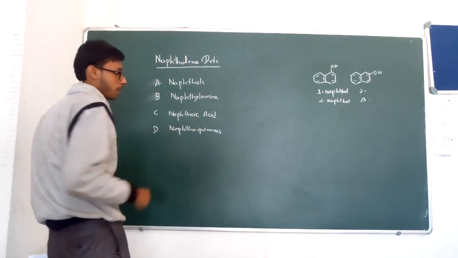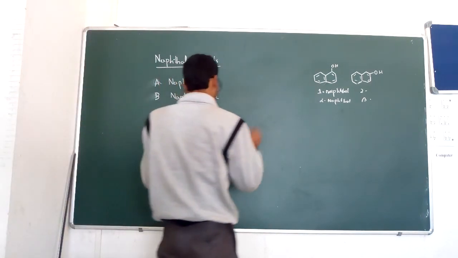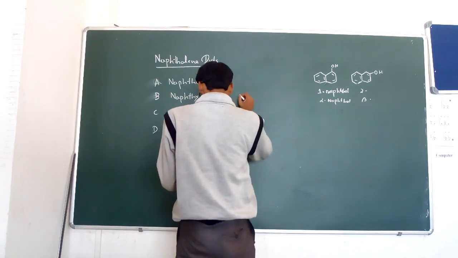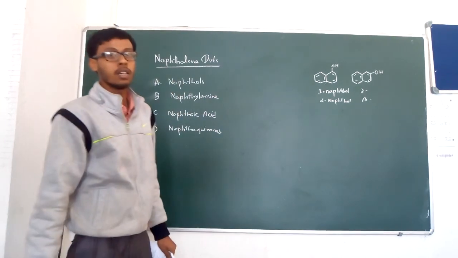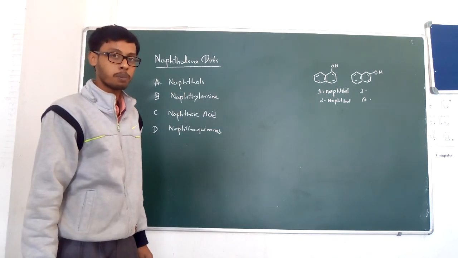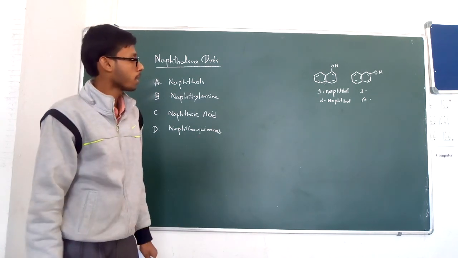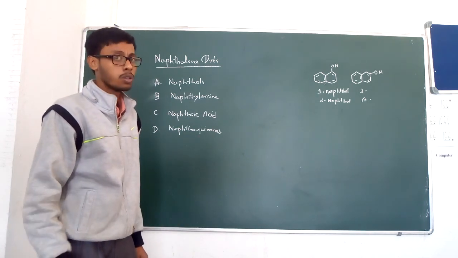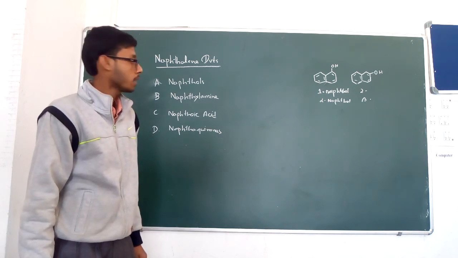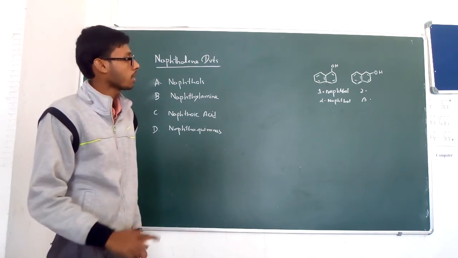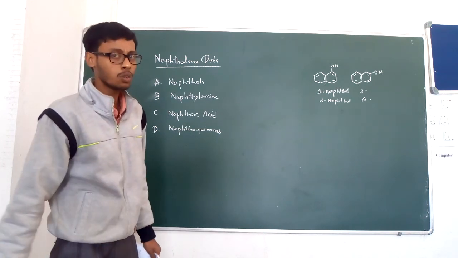Now going to the direct synthesis of the naphthol. It is synthesized directly from naphthalene, and you have already studied that naphthalene, when heated with concentrated sulfuric acid at low temperature, forms naphthalene sulfonic acid attached at the 1 position, and at high temperature the naphthalene sulfonic acid forms attached at the C2 position.